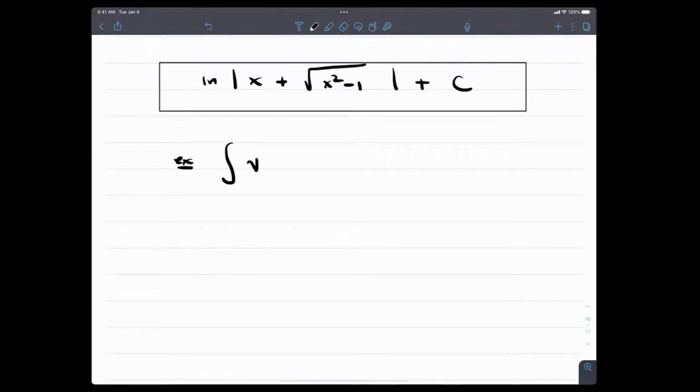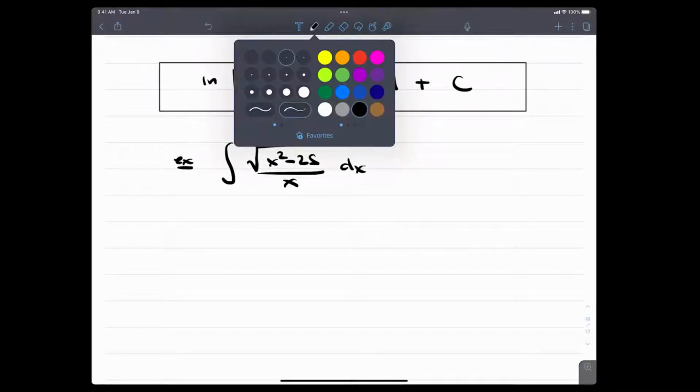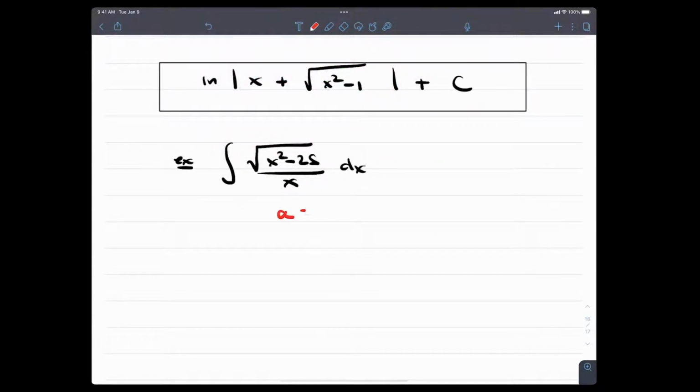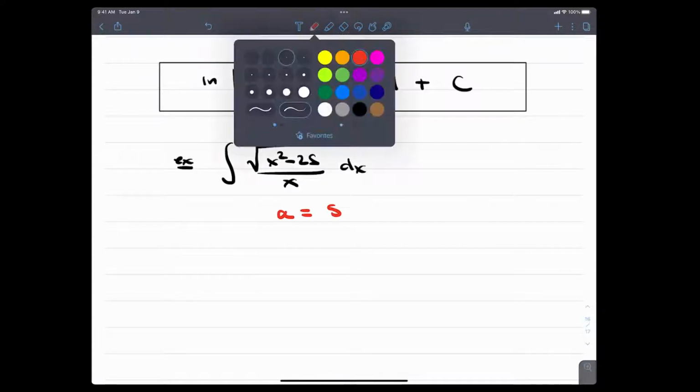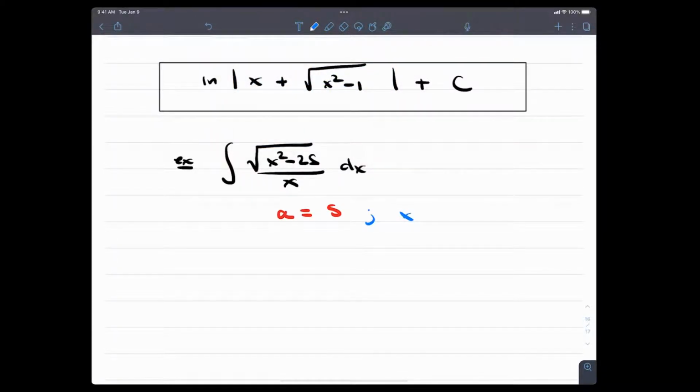Integral of square root of x squared minus 25 over x dx. All right. So what is that a going to be in this case again? 5, good. And then what is x going to be? Is it a secant theta or tangent theta?